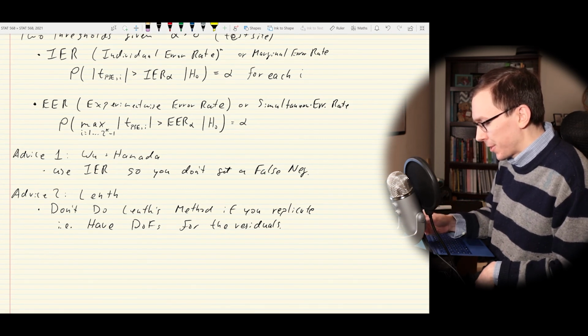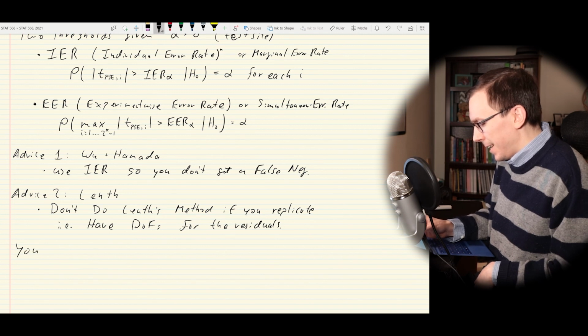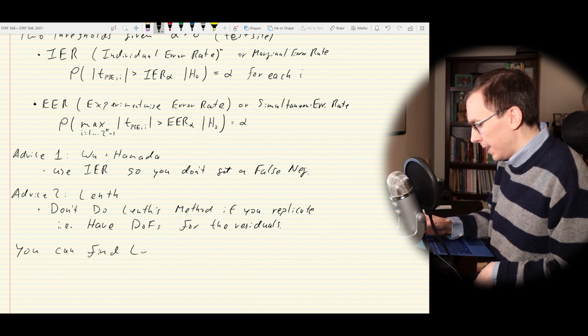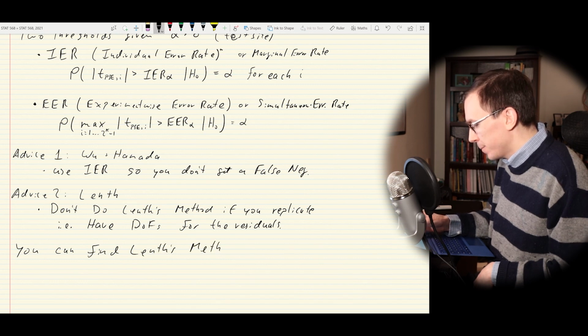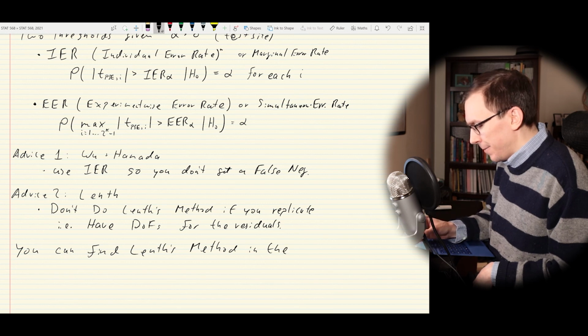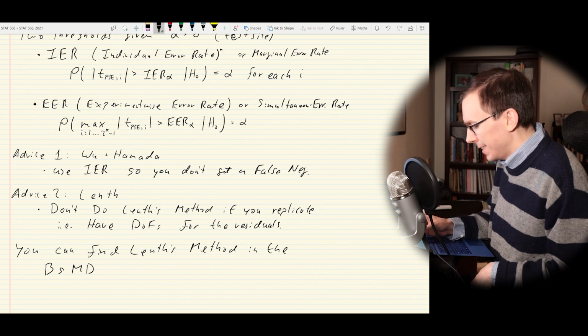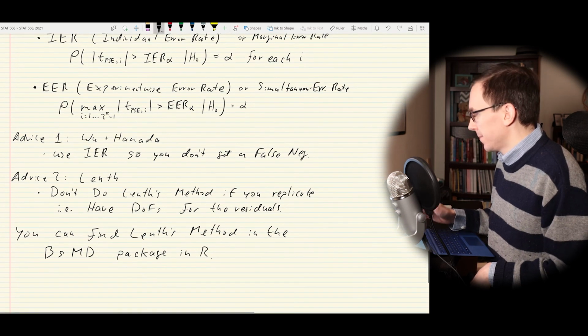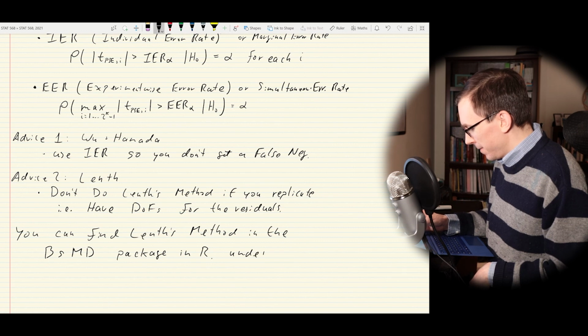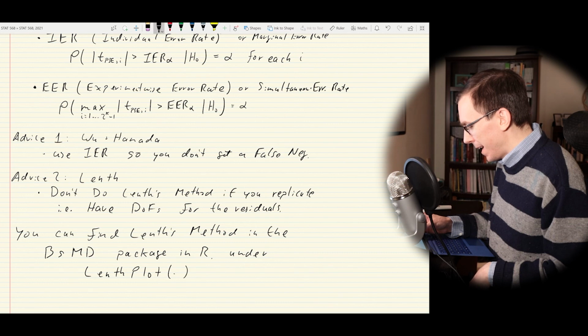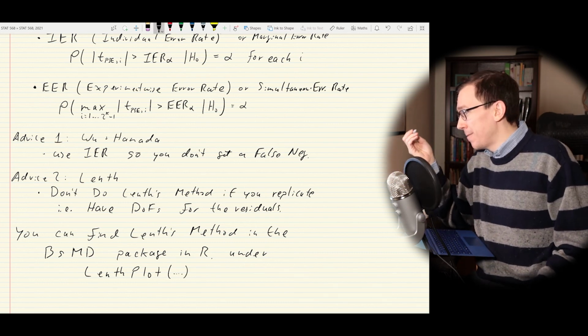I will mention this in the next lecture, but just to keep it together, you can find Lenth's method in the BSMD package, lowercase b, s, capital M, D, in R, under a function called lenthPlot, which will give you a nifty plot where you can look at the magnitude of all the effects that you're testing in your factorial design.